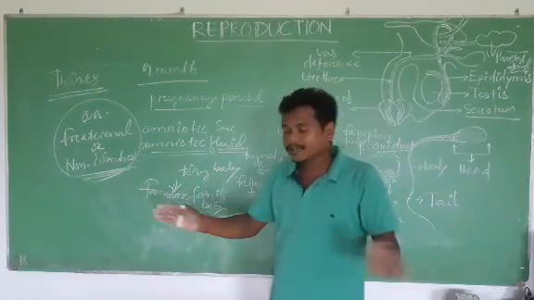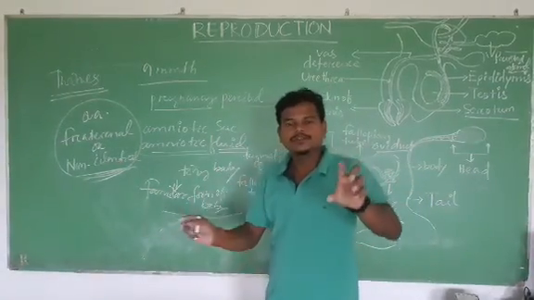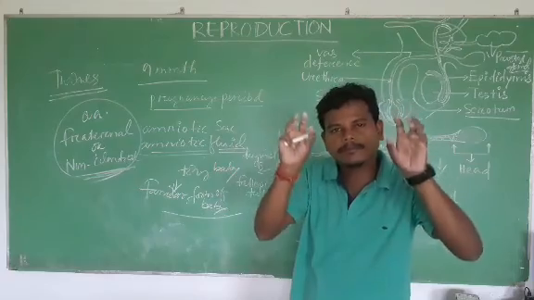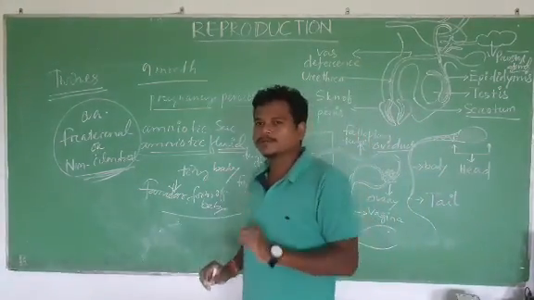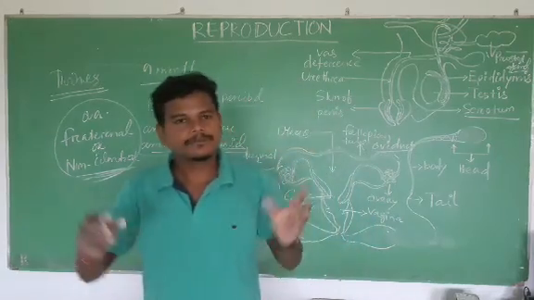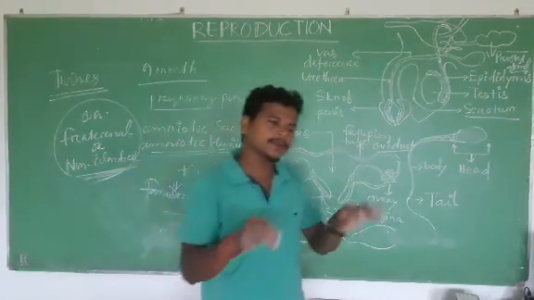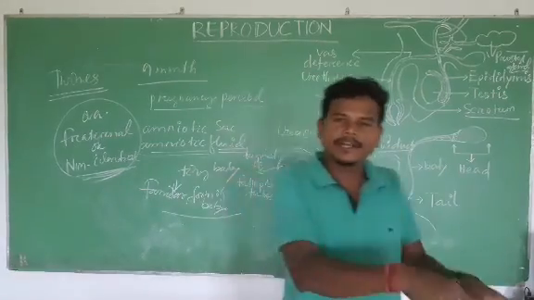When the fertilized egg divides, they form the same offsprings or siblings, and they may be identical. They may look the same. If one is a boy, the other is also a boy.